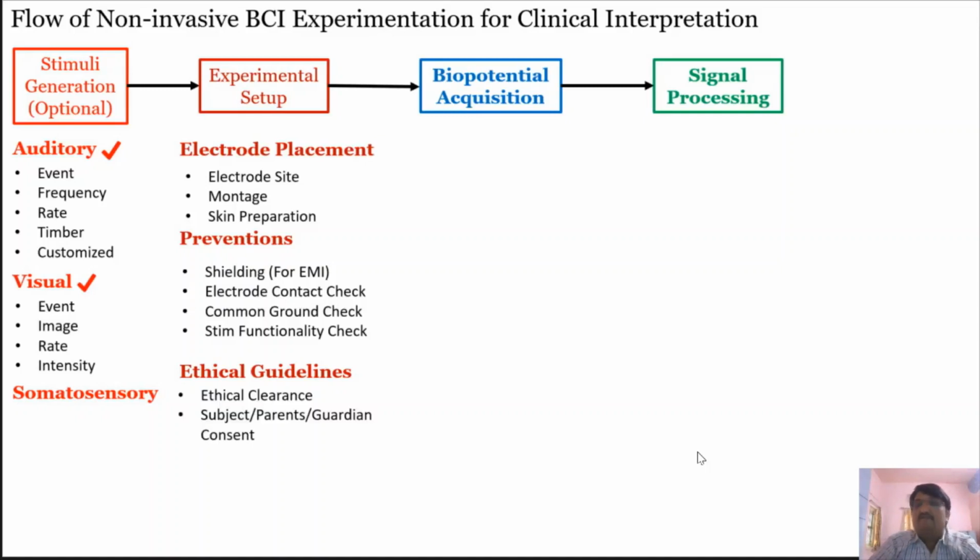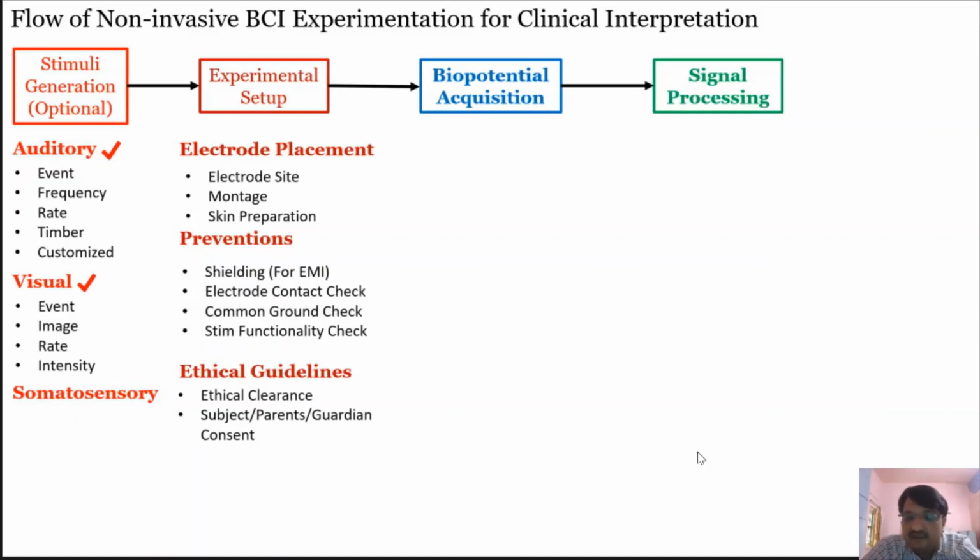Finally, if you are performing any experiment that involves EEG and a human subject, you must have ethical clearance for performing any kind of experiment.